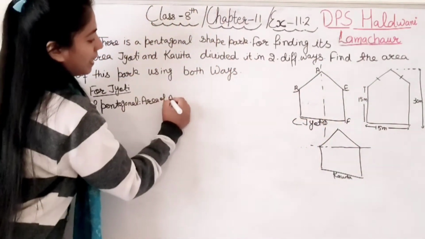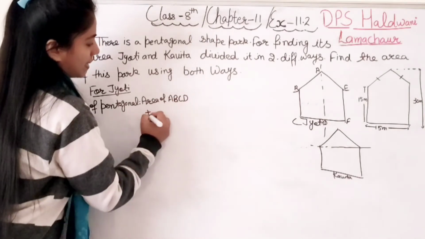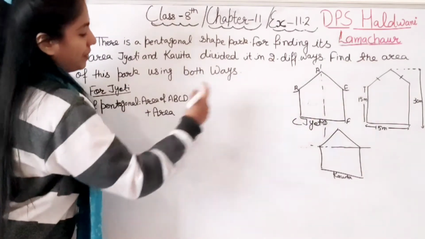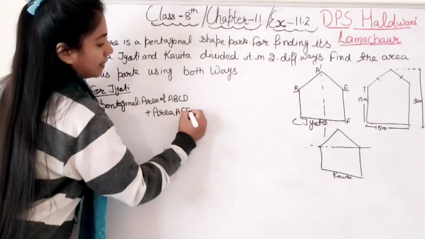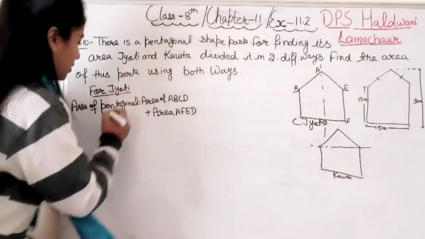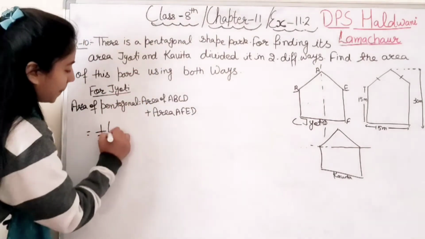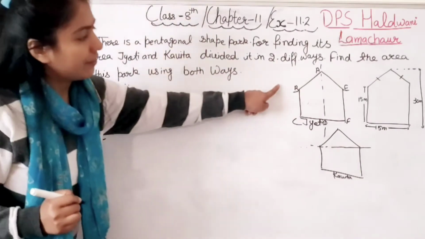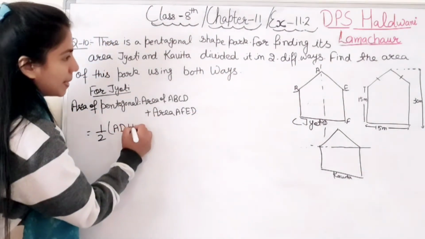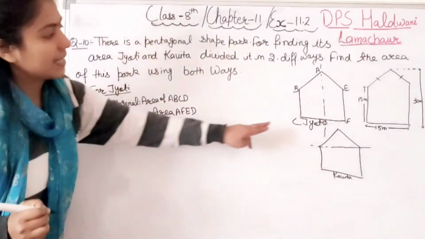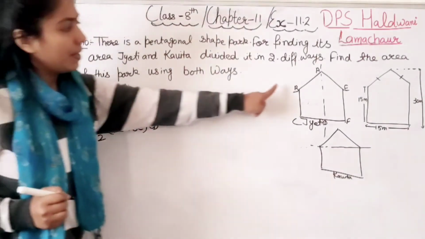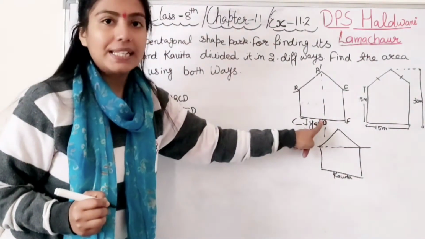The area of ABCD plus the area of AEFD. Both are trapeziums. So the formula is half base. For ABCD, the first side is AB plus BC, and the height is CD, because we need the parallel sides and the perpendicular distance.